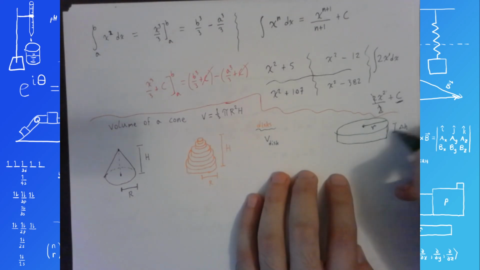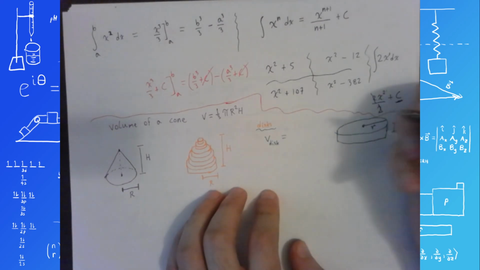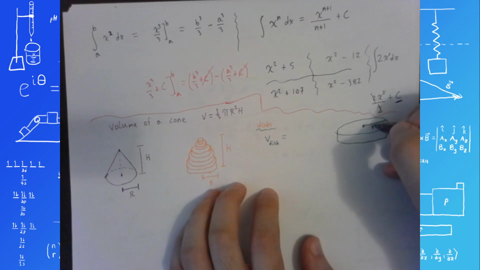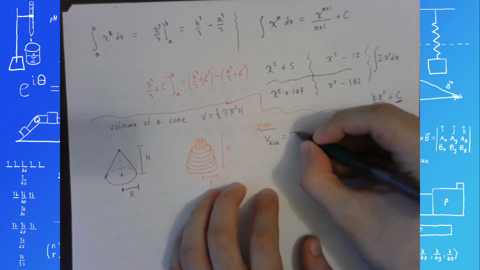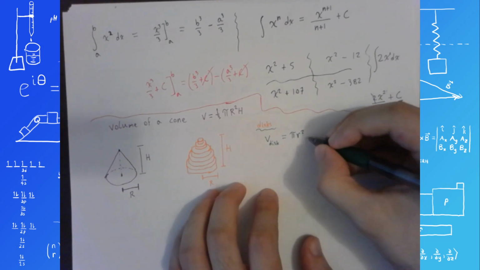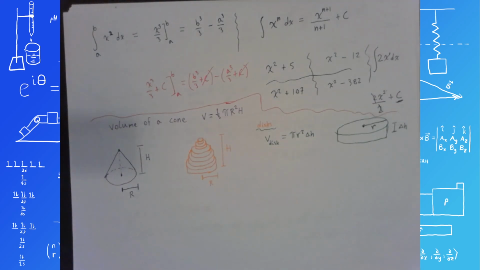So if I know these two things, then the volume of any given disk is going to be the area of the base, pi r squared, it's just a cylinder, times the height, which I'm going to call delta h. So the volume of an individual disk is going to be pi r squared times delta h.